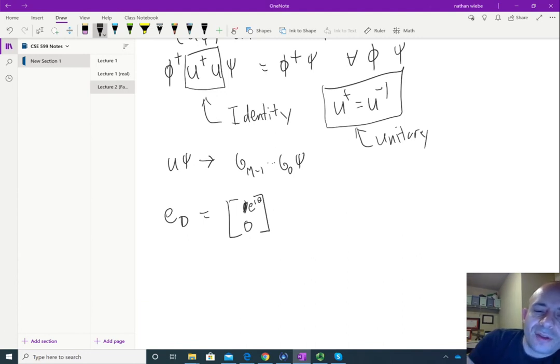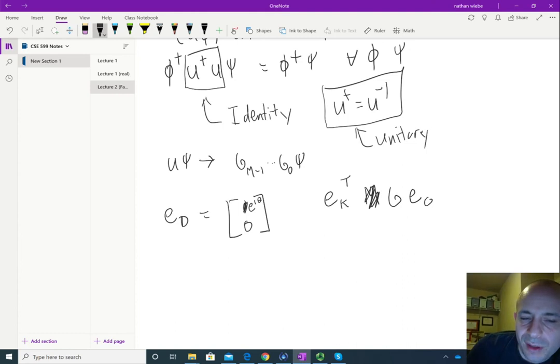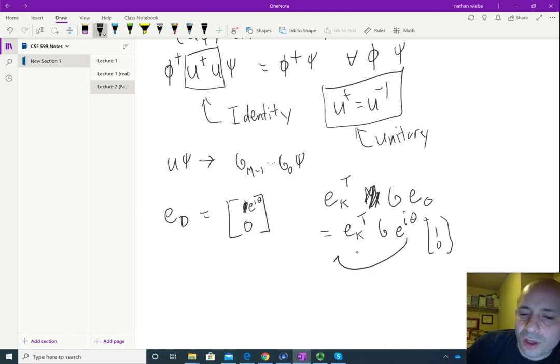But it turns out that for any matrix, if we have something like this popping in, what we can always do is say, okay, E_k transpose, some transformation, M over here, well, I already used M, G over here, times E_0, is equal to E_k transpose G e^{i theta} times (1, 0), and we can just bring that out.